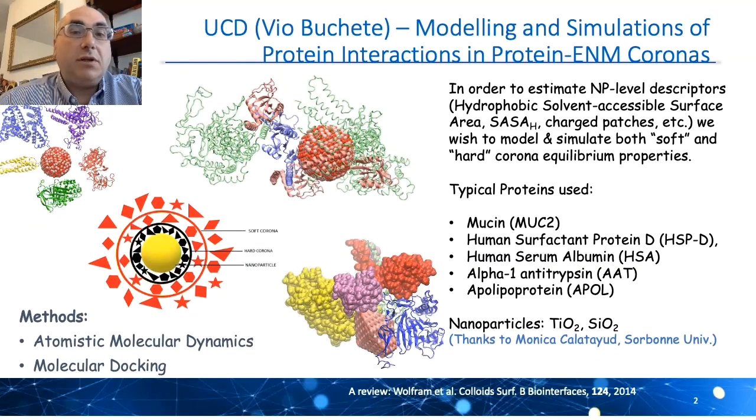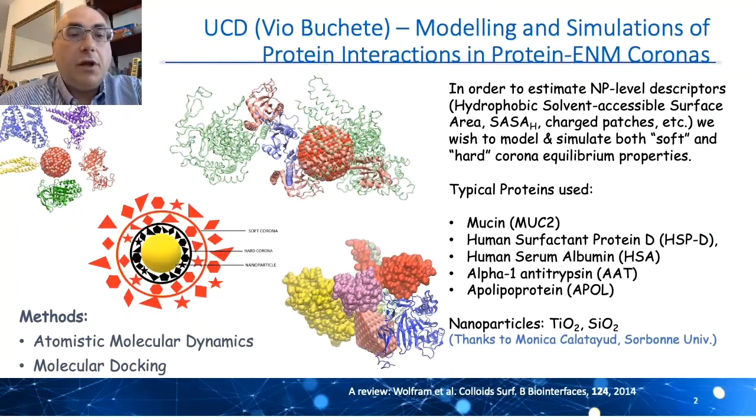So as we know, for more than a decade now, once nanomaterials and nanoparticles in particular enter in contact with biological material, they have particularly favorable interactions with a broad range of biomolecules and proteins in particular.